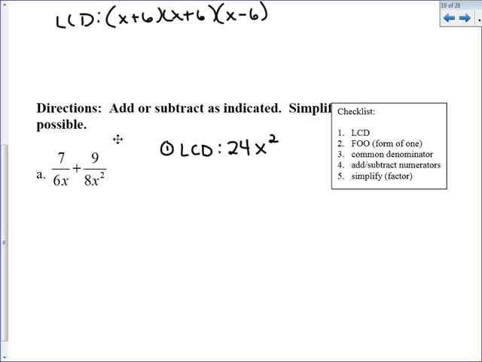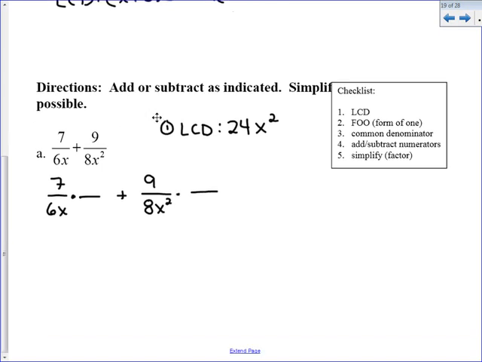So what we're going to do now, I'm going to leave myself some space because I need to get each of these fractions to have my common denominator. So my goal is that this first denominator becomes 24x squared and this second denominator becomes 24x squared.